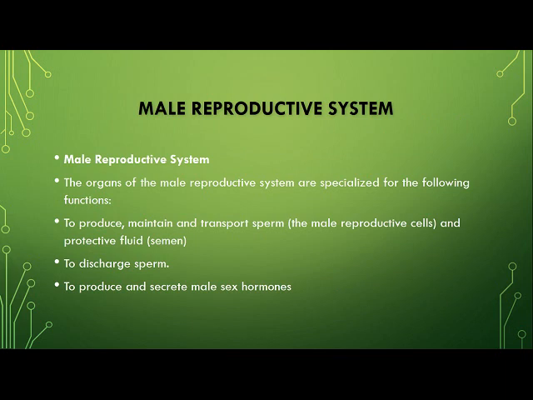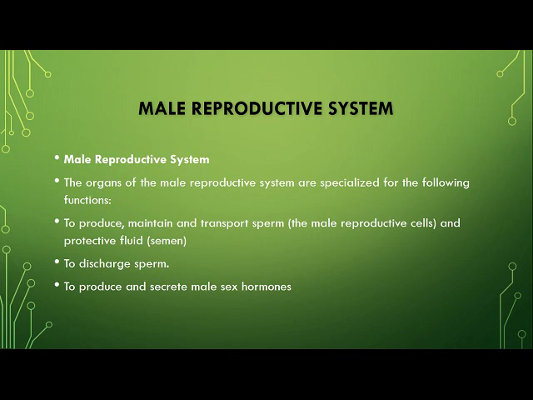The male reproductive system in humans consists of various parts that we are going to study today. But what is the basic function of this male reproductive system? The first function is to produce, maintain and transport sperms with the help of a protective fluid, which is known as semen.